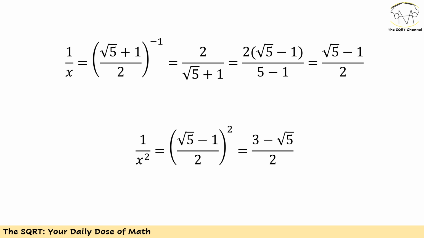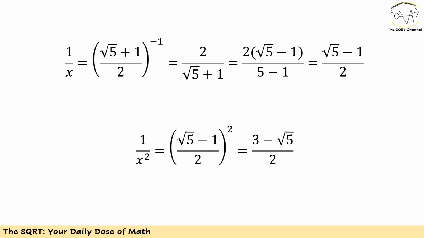To do that, I'm going to take the inverse of x. 1 over x is going to be 2 over radical 5 plus 1. And then I'm going to multiply both top and bottom of this fraction by radical 5 minus 1. The bottom is going to be 5 minus 1 and the top is going to be 2 times radical 5 minus 1.